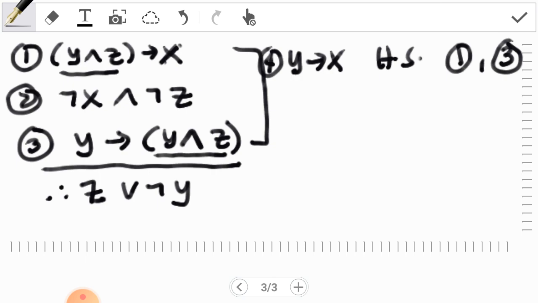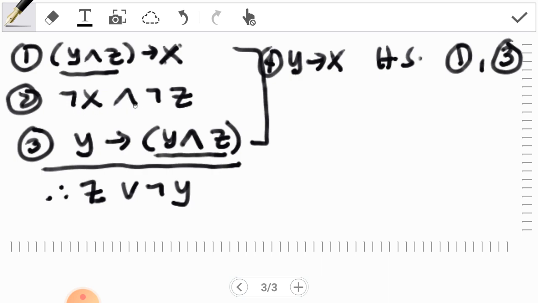Next, where do we find here Y implies X? X is not in the conclusion. We must get rid of X. We did not yet use premise number 2. This is an and. This is an implication and not X. So if we can just isolate not X, we can use modus tollens with number 4. But how do we isolate not X?